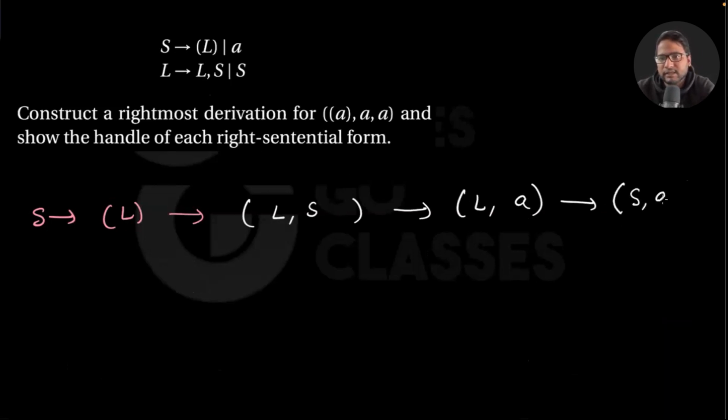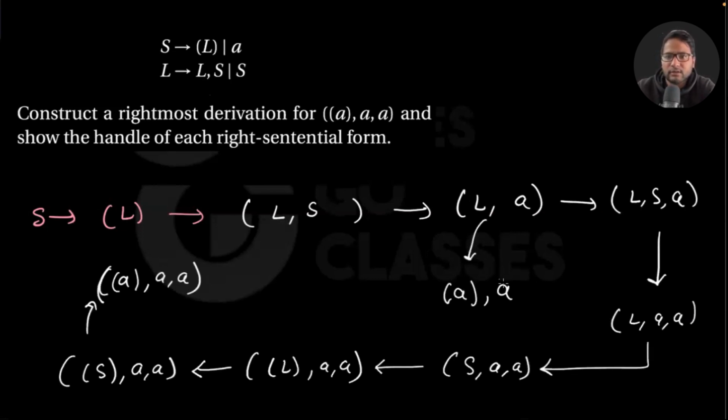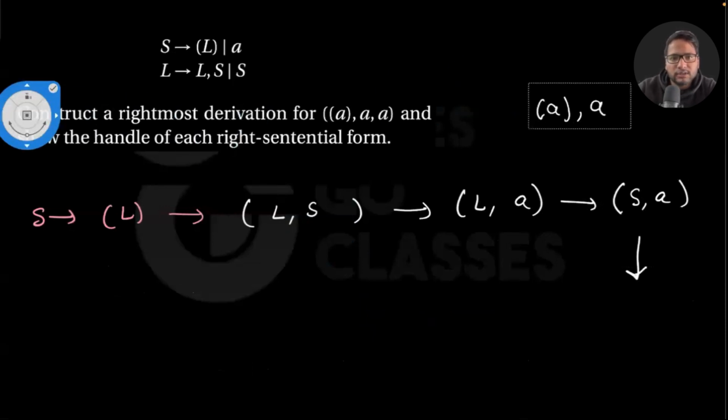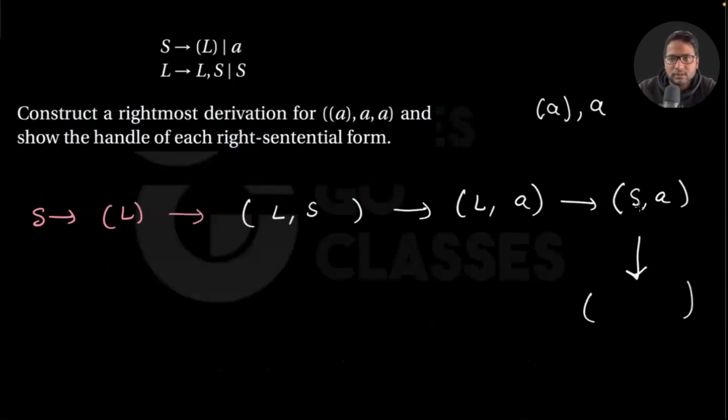If you take S here, from this L, basically we want this particular thing, right? Now we are saying that from this S we want this. So if you want this, then we want the comma, right? This is basically L comma S. So this S can go to, okay, see, from comma. Now can this S generate this?